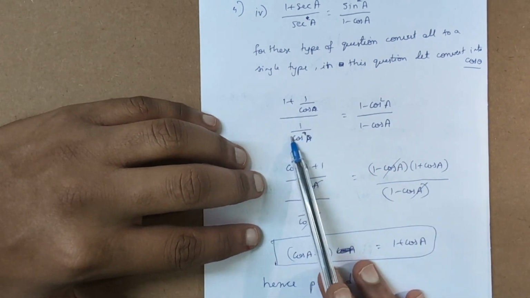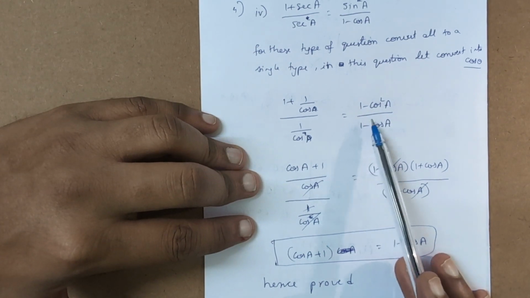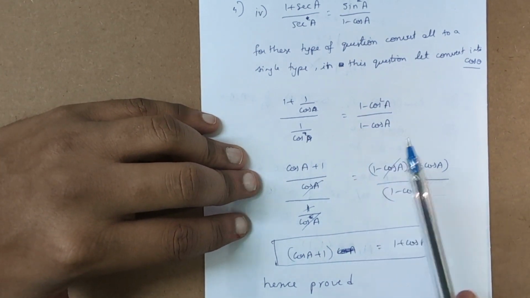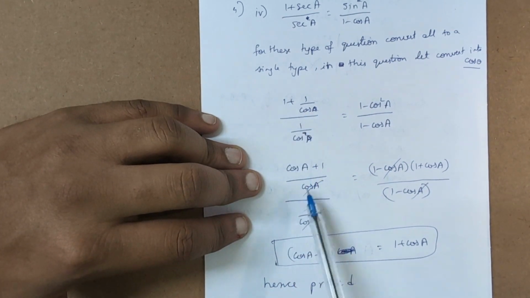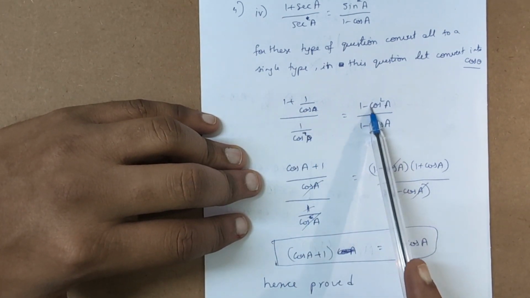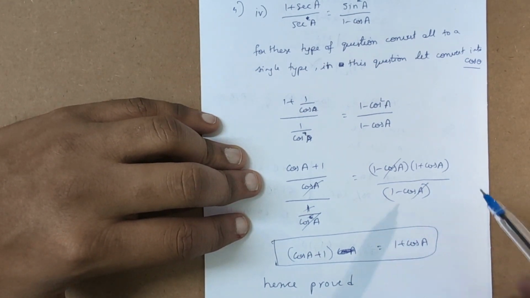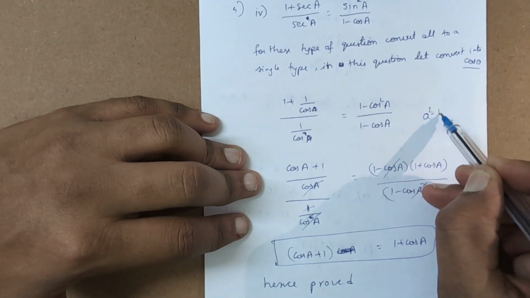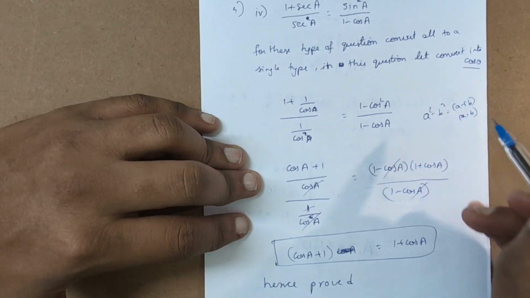So (1 plus 1 by cos a) by (1 by cos a) equal to (1 minus cos square a) by (1 minus cos a). Taking LCM here, cos a into 1 will become (cos a plus 1) by cos a, by 1 by cos a, equal to, here also I am using the similar formula, a square minus b square equal to a plus b into a minus b.